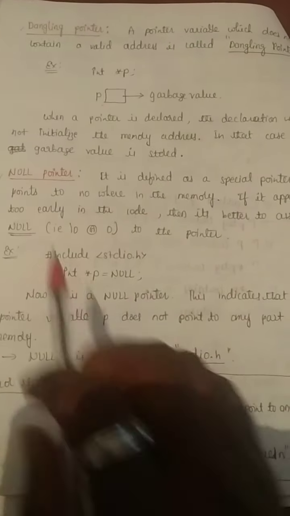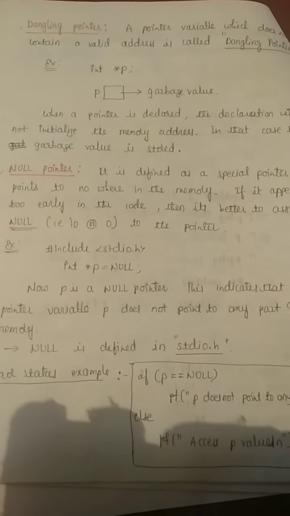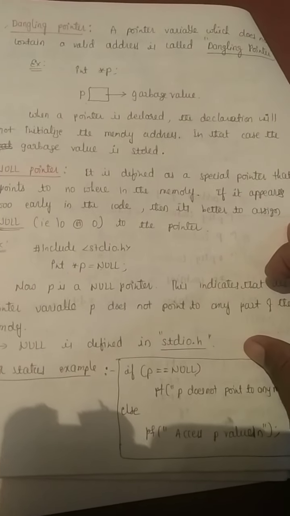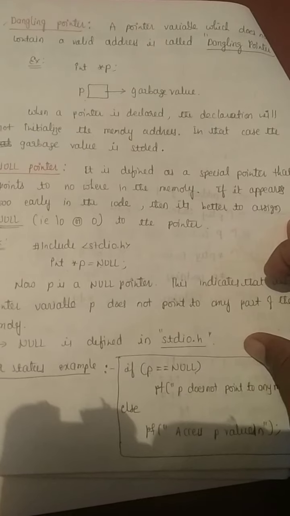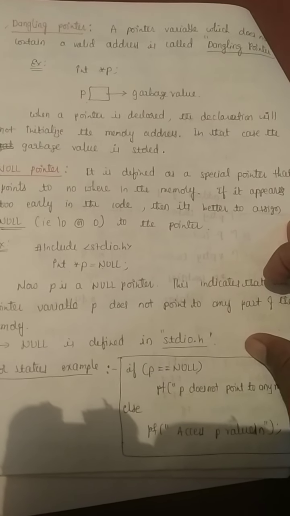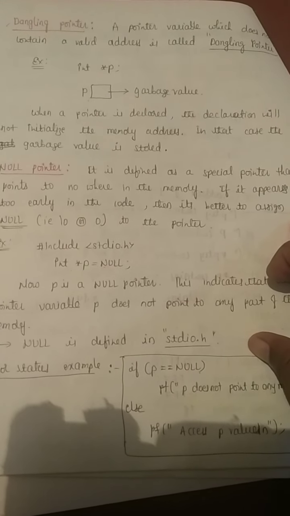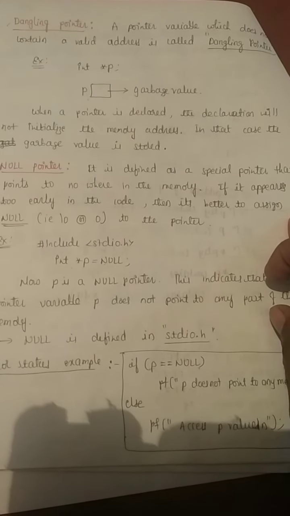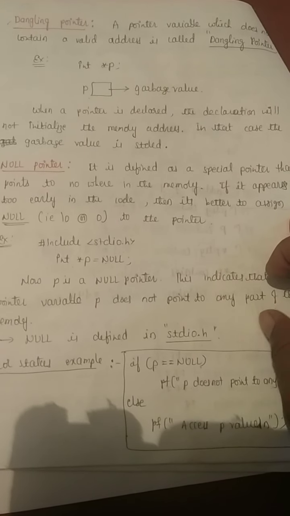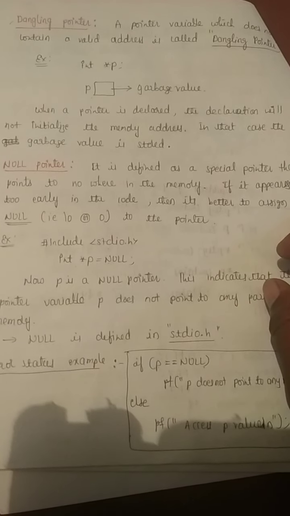What do you mean by a null pointer? Next topic. A null pointer is defined as a special pointer that points nowhere in memory. If a pointer is not assigned early in the code, it is better to assign a null value to the pointer. Suppose you have some programs using pointers.